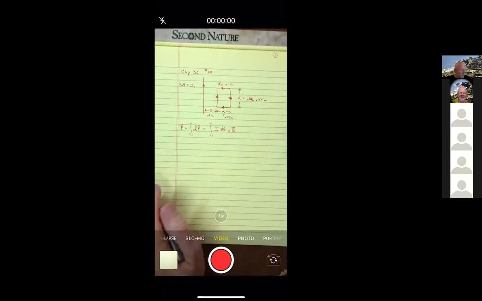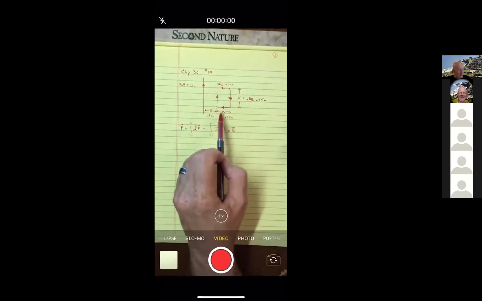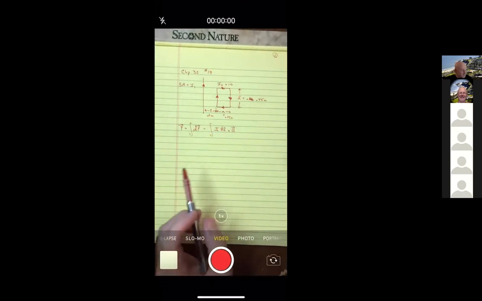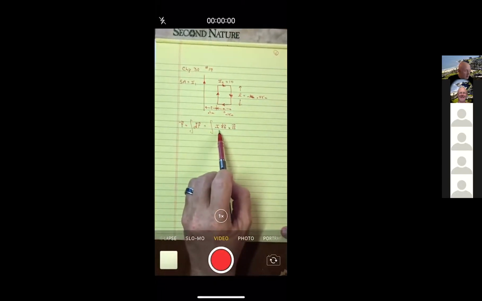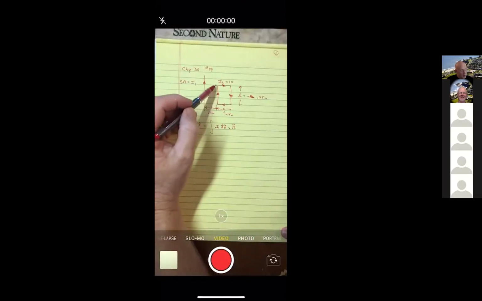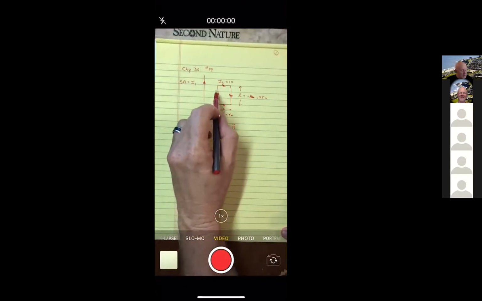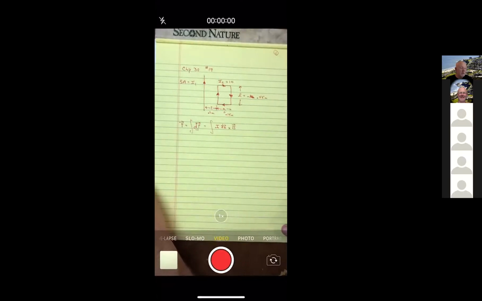So if I was trying to find the force on this rectangular loop, I would essentially be doing this integral around the rectangular loop. I'm trying to find little chunks of force on each of these.